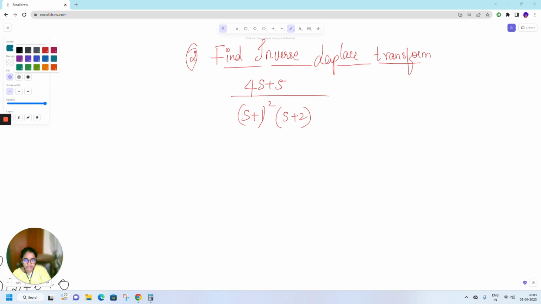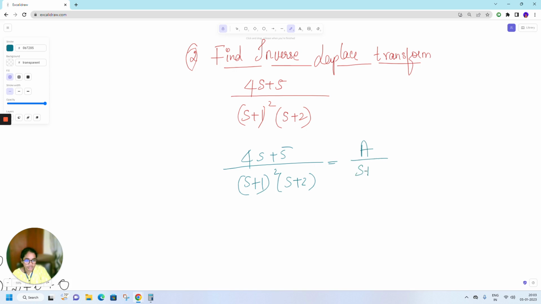That would be the given question, 4s plus 5 divided by s plus 1 the whole square into s plus 2. This is equal to a divided by s plus 1 plus b divided by s plus 1 the whole square plus c divided by s plus 2.